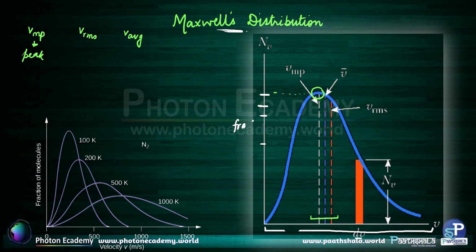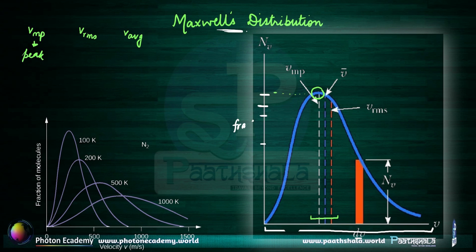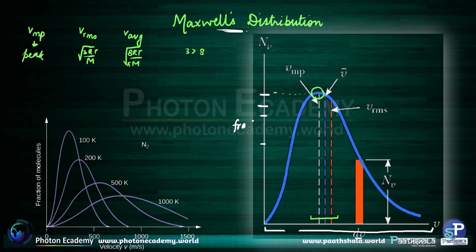And then if we talk about V RMS and V average and compare their expressions, we can say that V RMS is root 3RT divided by M and V average is root 8RT divided by pi M. Now 3 is definitely greater than 8 divided by pi, right?